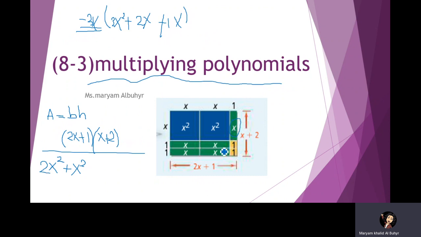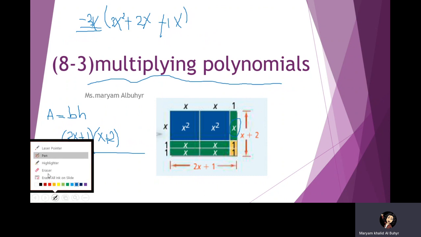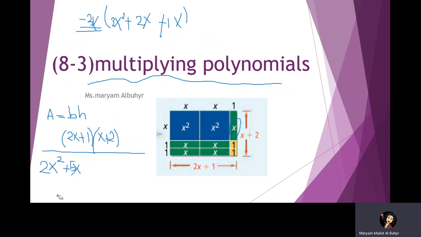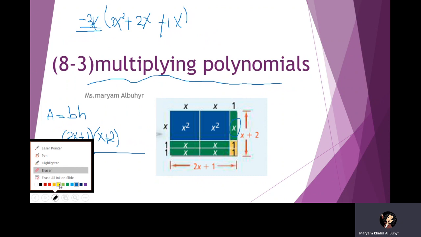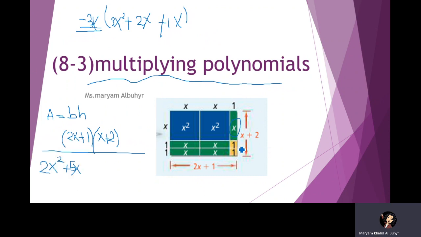And we have how many from the green one? 1, 2, 3, 4, 5. So we can say 5x, but remember it's to the power 1. So let me continue. We have plus 2. Isn't this expression equal to this expression? Isn't it equal? The answer is yes, it is equal.